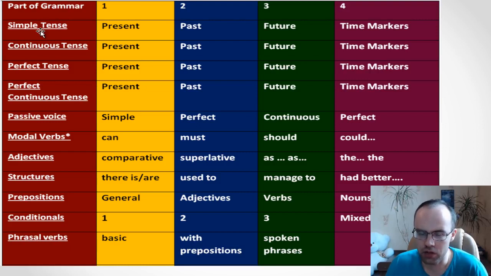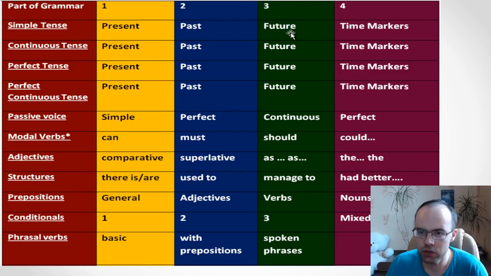Okay, so part of grammar. First of all, you need to learn English with tenses, and the first group of tenses is simple. You need to know present simple, past simple, and future simple.